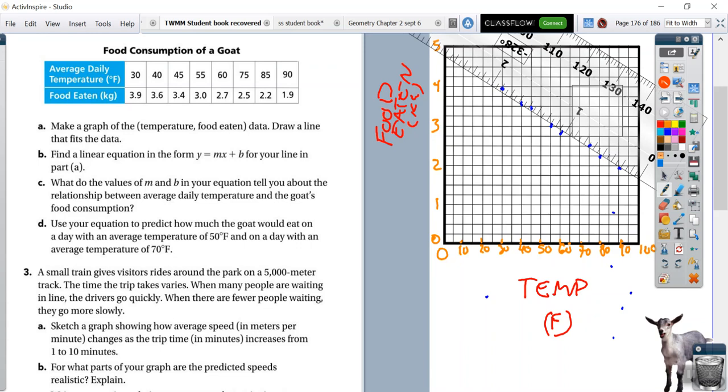So what I'm going to do is I'm going to strategically place this so that I can better find the slope. So I'm going to use that point right there. I'm going to use that point right there.